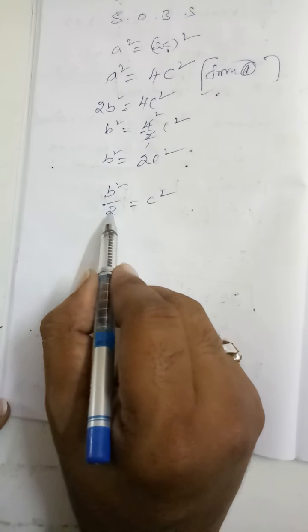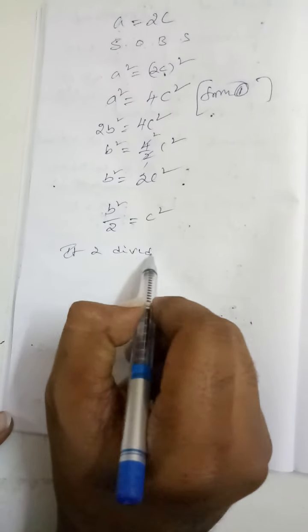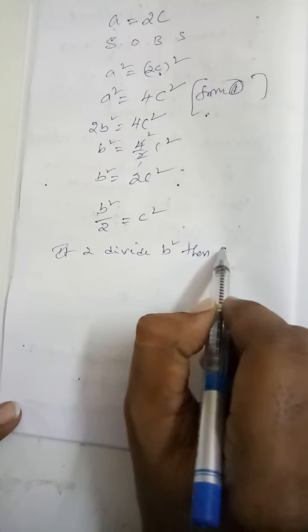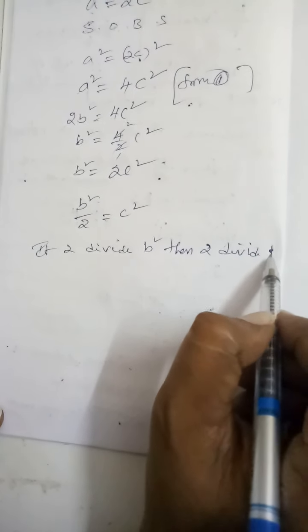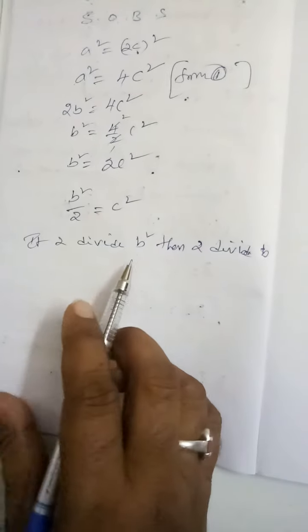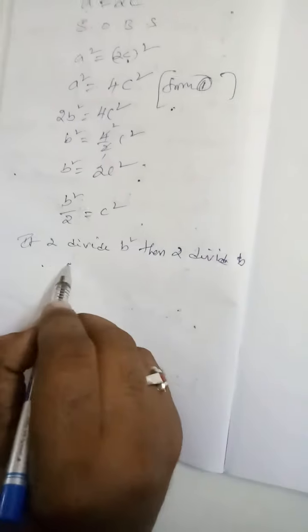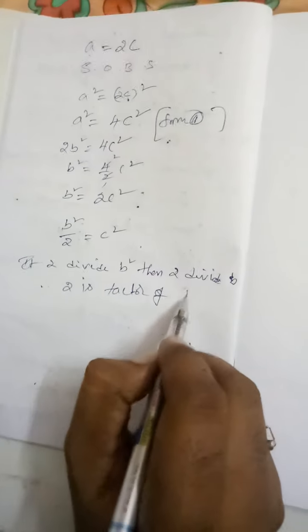What is the meaning of b square by 2? If 2 divides b square, then definitely 2 divides b, which means 2 is a factor of b.